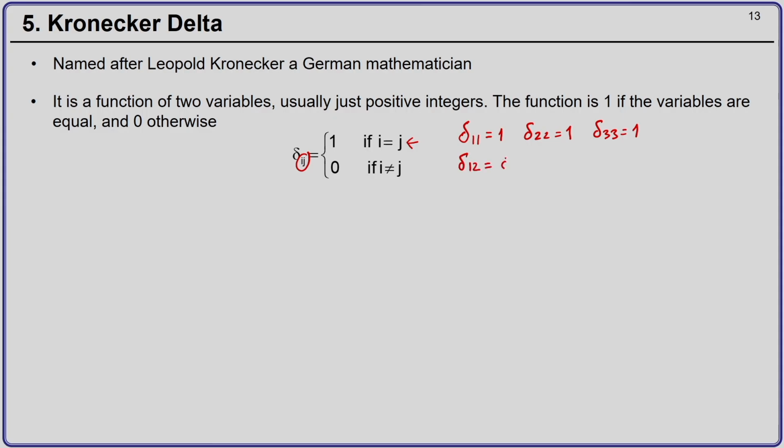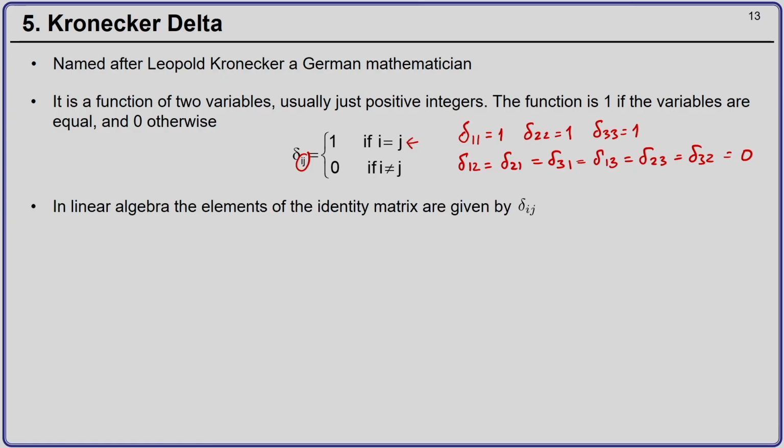Delta 12 equal to delta 21 equal to delta 31, okay, equal to delta 13 equal to delta 23 equal to delta 32 will be equal to 0. Okay. So, you can see if the indices are repeated, if i is equal to j, then we have the value of Kronecker delta which is 1, otherwise it is equal to 0.